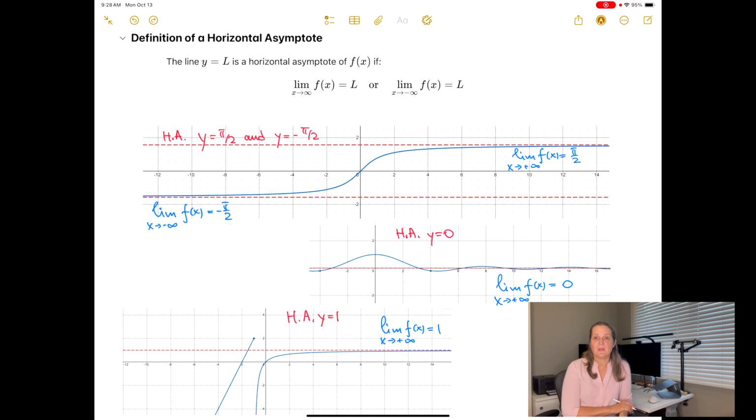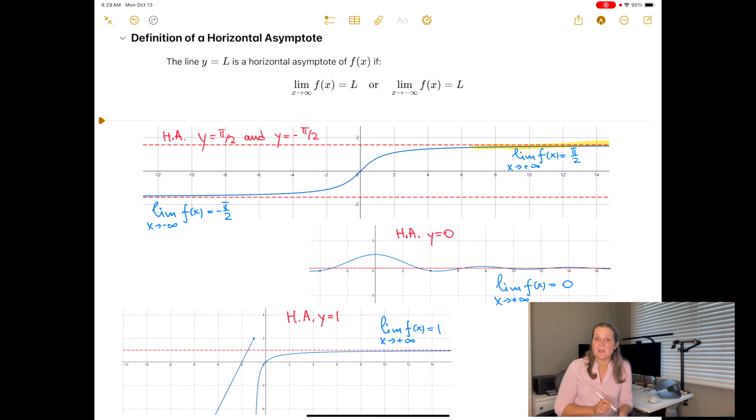A line y equals L is a horizontal asymptote of the function f of x if, as x goes to plus infinity or minus infinity, output values of the function f of x try to get as close as possible to value L. A function can have as many as two horizontal asymptotes.